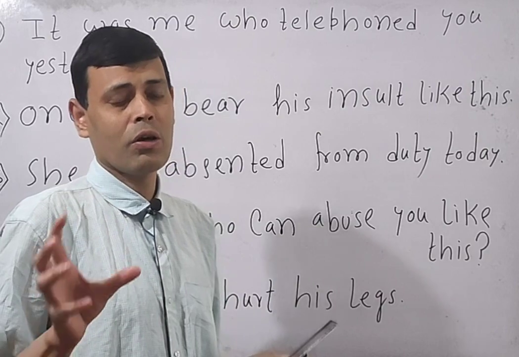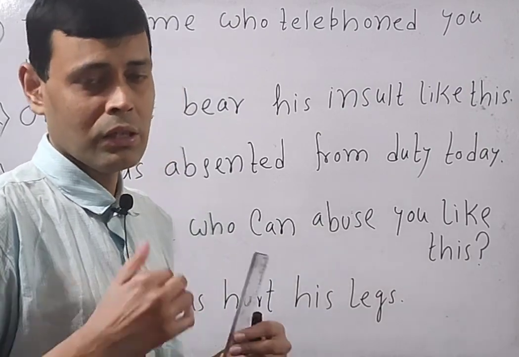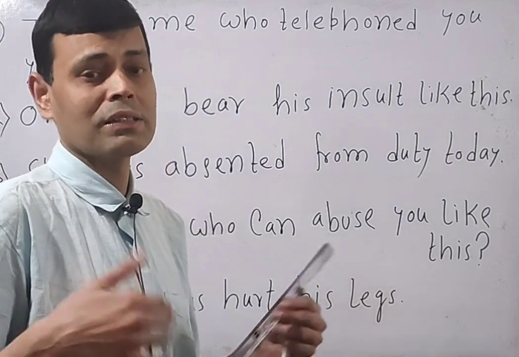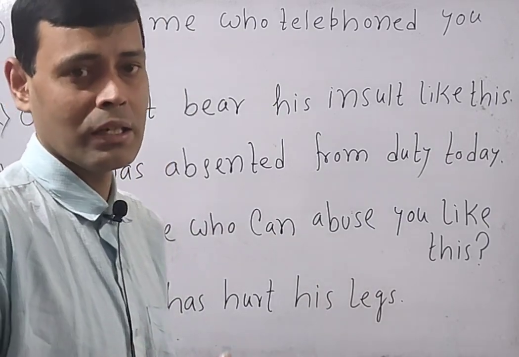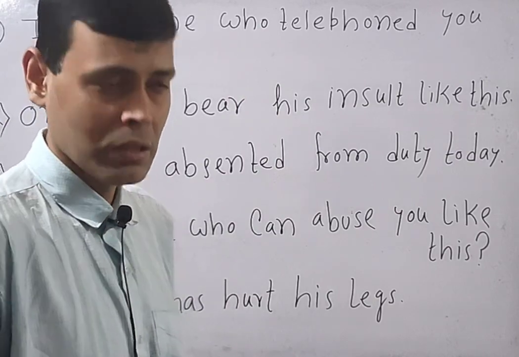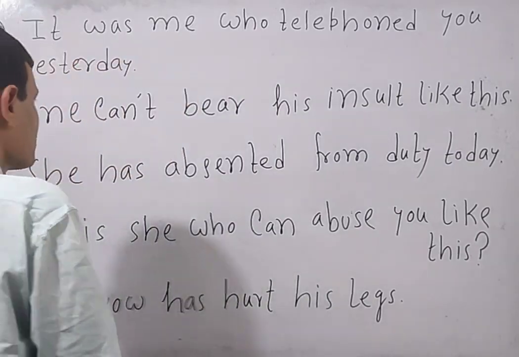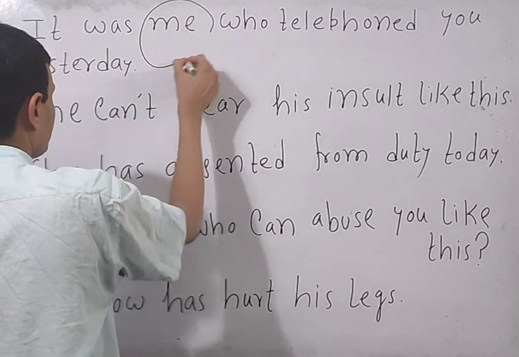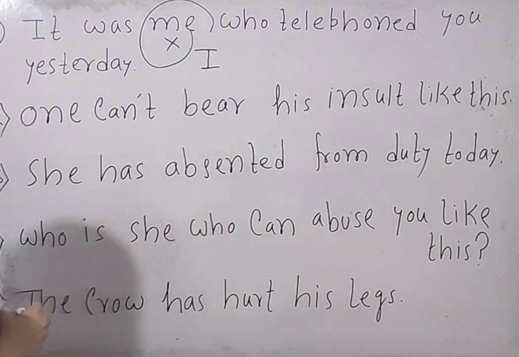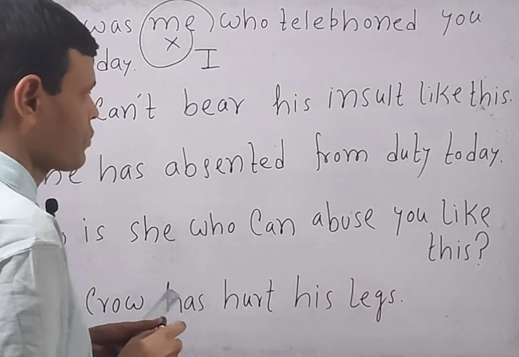I is the subjective form of me. Therefore, instead of writing me, the objective form, you need to write the subjective form, that is I. I, me, my, mine. So instead of me, there it should be I.